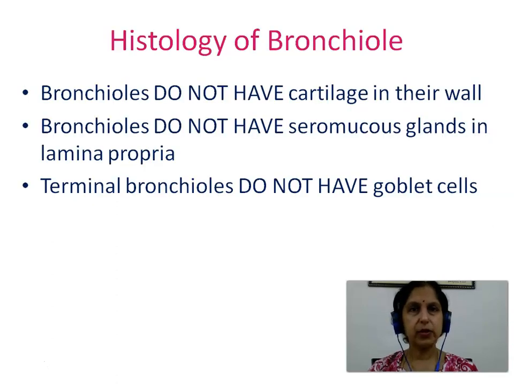So we need to remember that bronchioles do not have cartilage in their wall. They do not have seromucous glands in the lamina propria. And terminal bronchioles do not have goblet cells in the lining epithelium.